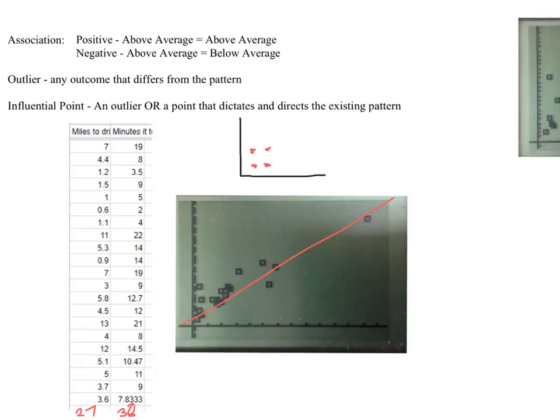If I added a 5th point right here, now I think your eye would think, well, then the line goes like that. So this added point would be what's called an influential point. It's one that really dictates our pattern and changes the whole way we look at the graph, or reinforces heavily, strongly, what we were looking at with the graph.